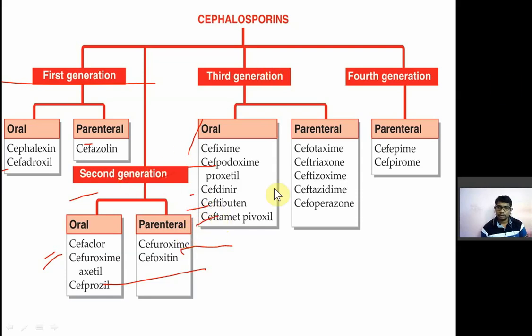In parenteral you have cefotaxime, ceftriaxone, ceftazidime, and cefoperazone. And in the fourth generation, you have only two drugs given by parenteral route, cefepime and cefpirome: pime and pirome. These are the fourth generation.